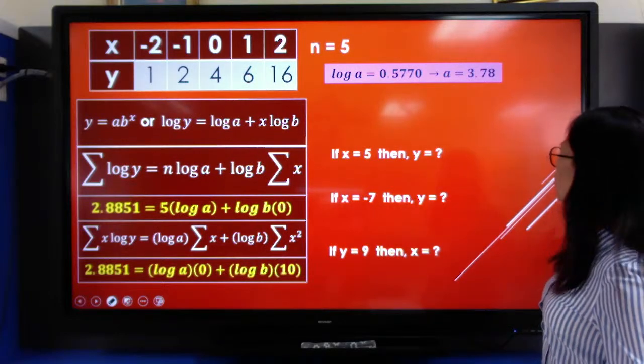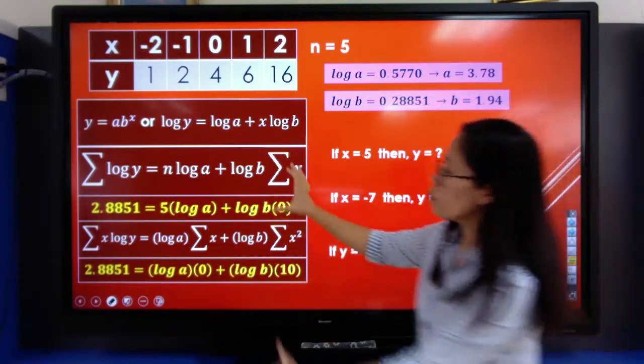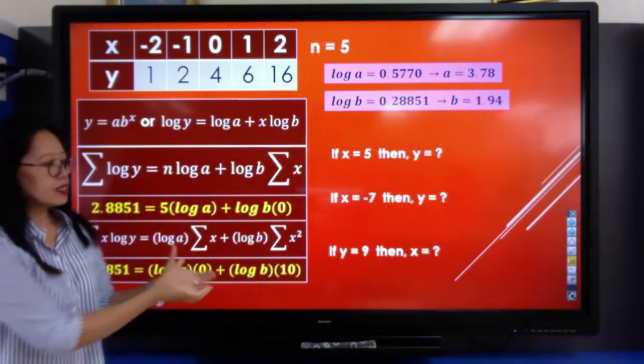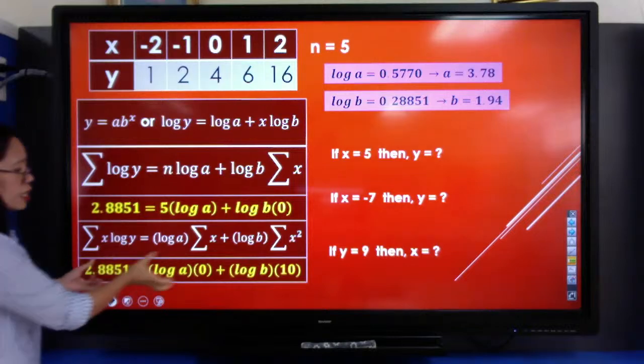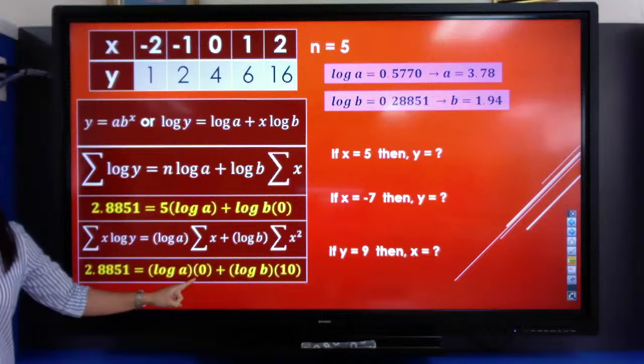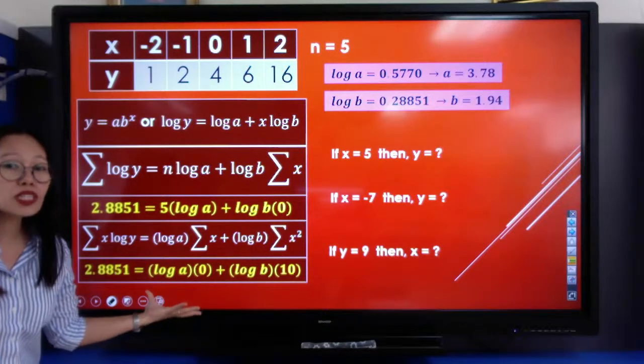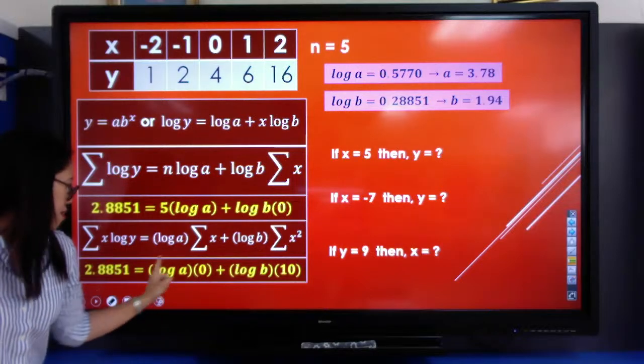So what about our B? The same procedure, right? For B, we have to use our second normal equation. If you can see here, logarithm of A times 0 will turn to 0 again, this term.